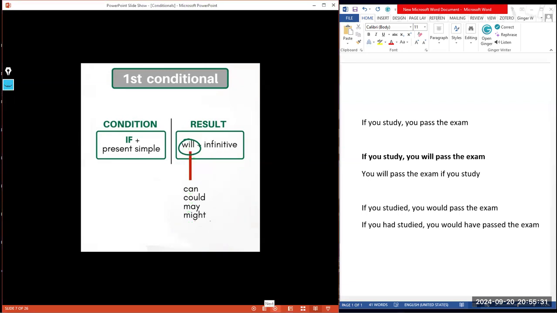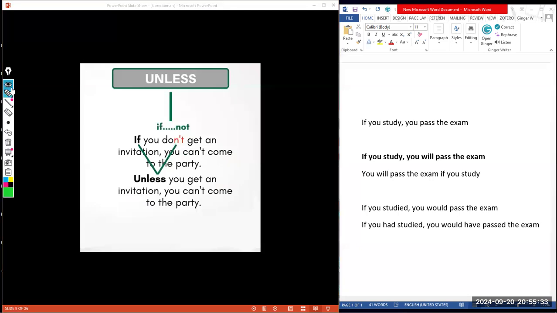Now, let me show you the last rule of using conditionals. Keep in mind, guys, and be careful if you want to use unless. If you want to use unless, you have to delete if and you have to delete the negative. Let me show you this example. This example says, if you don't get an invitation, you can't come to the party.